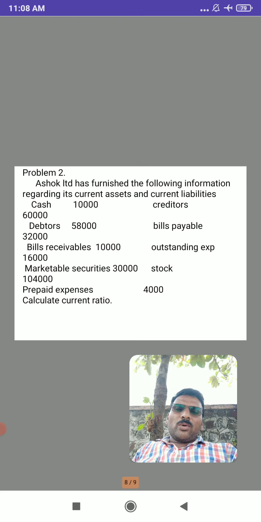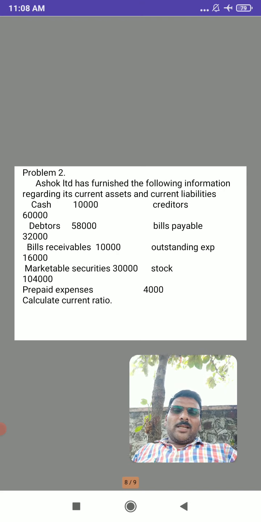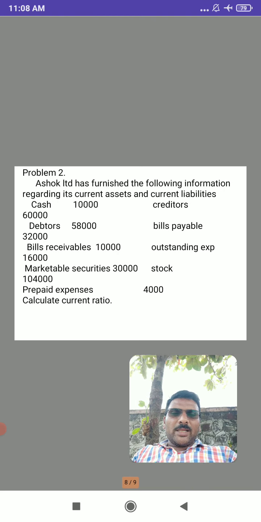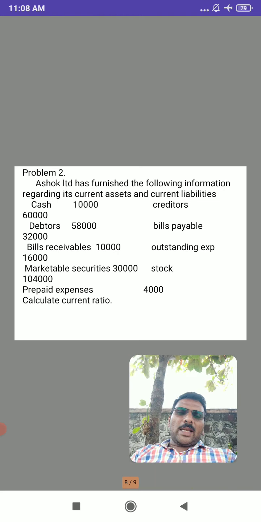We already know current ratio can be calculated by using the formula current assets divided by current liabilities. So first of all, from the given information, we have to calculate the total current assets, then the total current liabilities, and then divide the current assets by current liabilities.